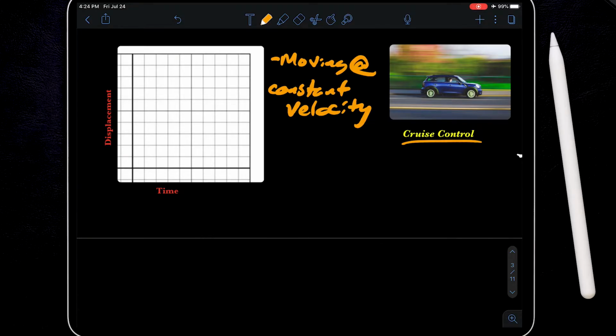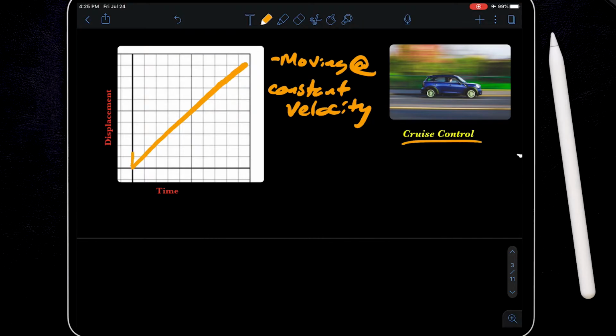You're driving down the road 55, 65 miles an hour, you hit cruise control, and you just stay at that speed. So what is that going to look like? Well, that means every second, or every section of time, you're covering the same amount of distance, you're constantly increasing your displacement. So you would have a graph that looks something like this.